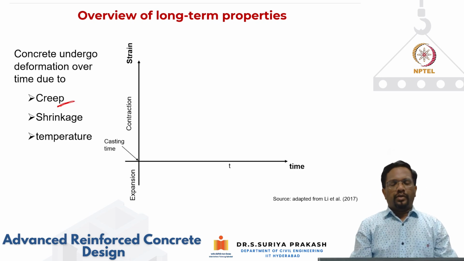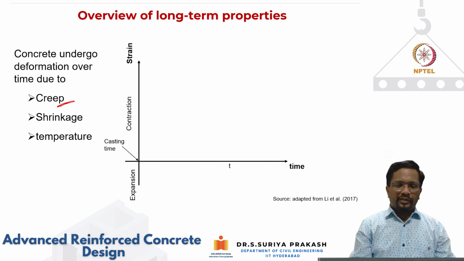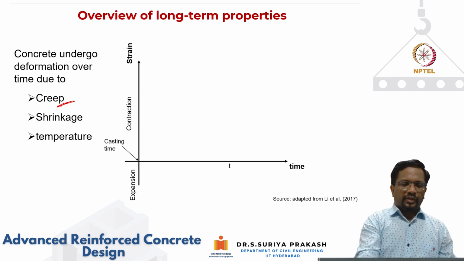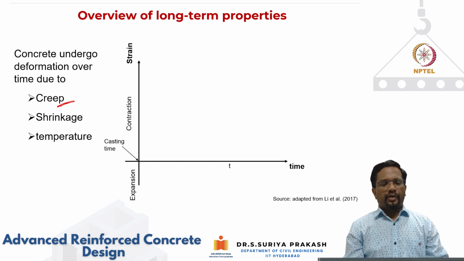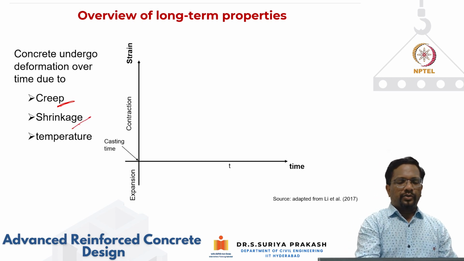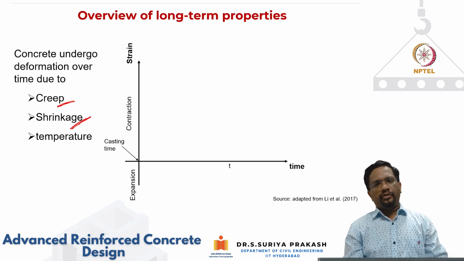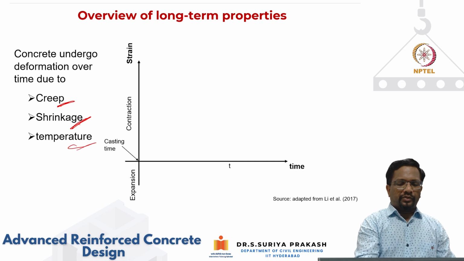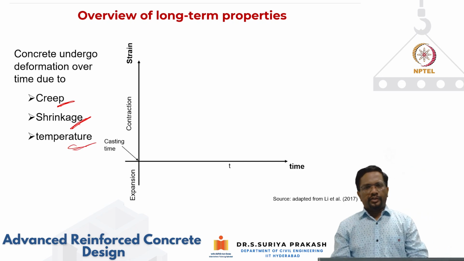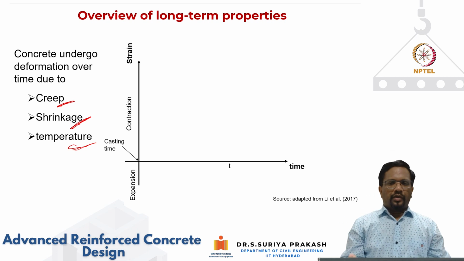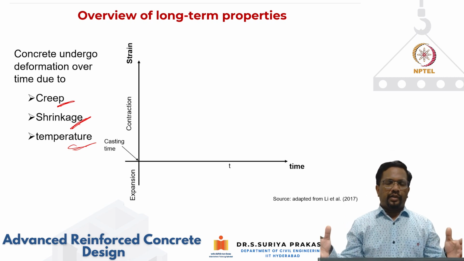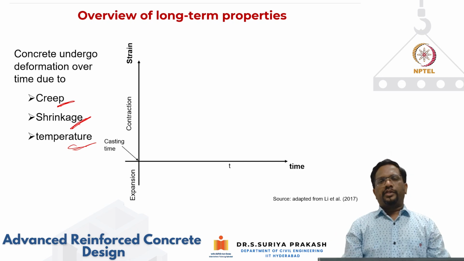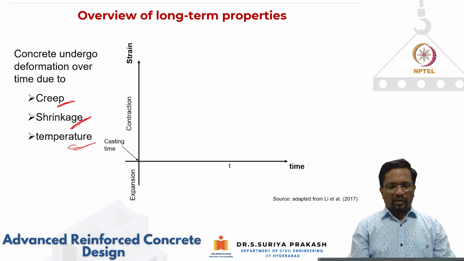Creep is basically defined as increase in strain at constant stress. The implications of creep we will talk about. Again, concrete undergoes shrinkage, so that effect also we need to consider in our design, and temperature effects also. What is the effect of temperature, especially when you have very long span elements, due to thermal gradients it can develop some strains and stresses which we need to account for.